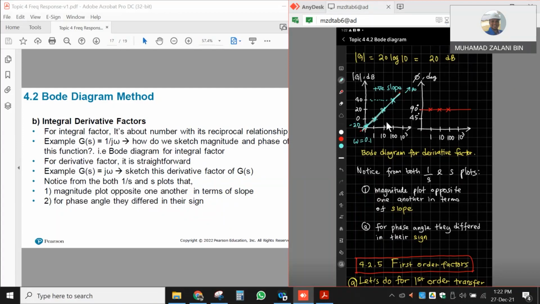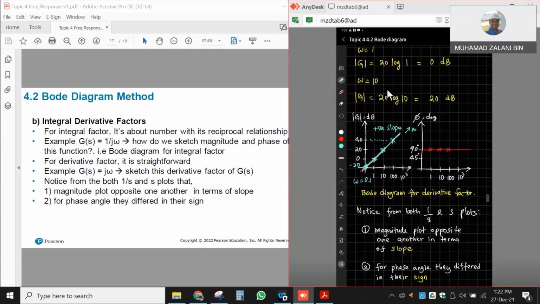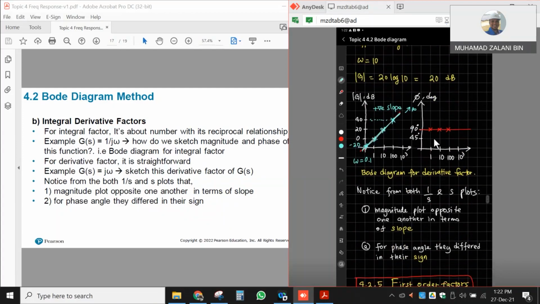Okay. And for the angle, of course, when we do the arc tangent of the derivative factor, arc tangent of infinity, we get positive 90 degrees, so it is always constant over the frequency range from 0 to infinity, so we can plot it like that.